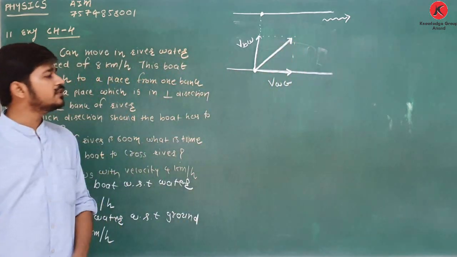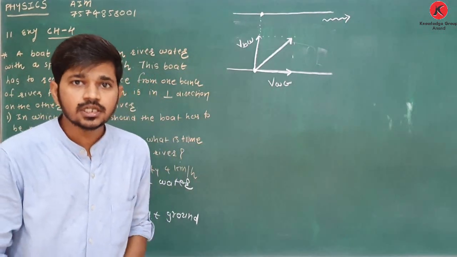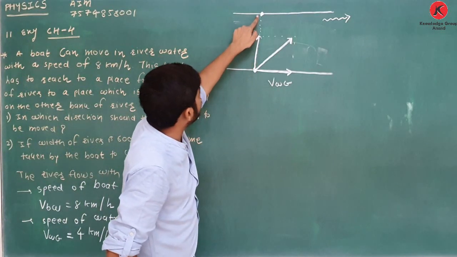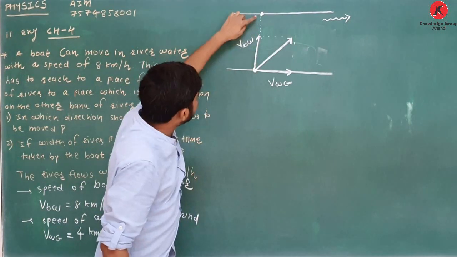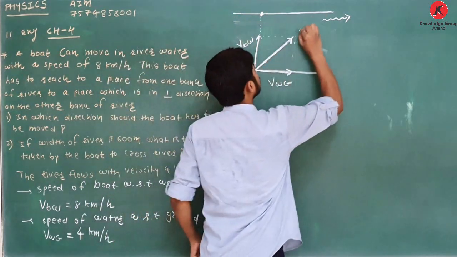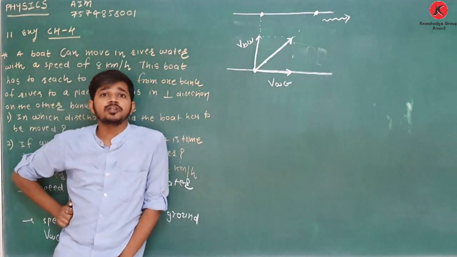Clear about this? So initially, if I am starting in this direction, that is the perpendicular direction, will I reach at this point? No. You will reach at some other point.